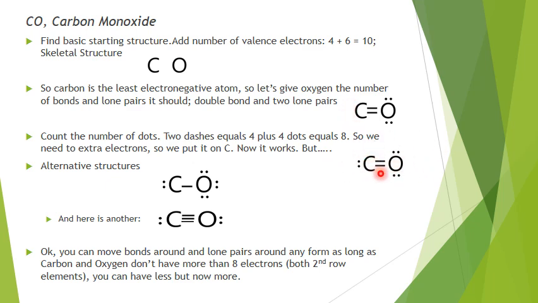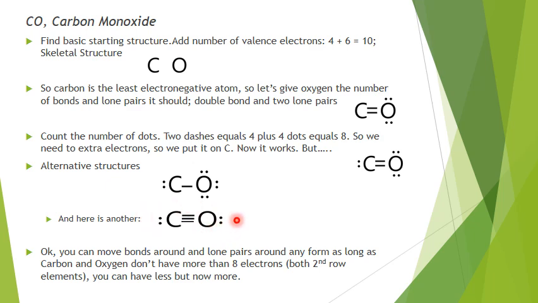Okay. So one of the things we can do is, as I said, take one of these bonds here and move it outside, and you can get this structure here. But here's another structure. Now this is kind of weird. How come you come up with this?